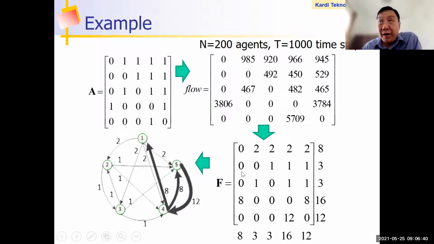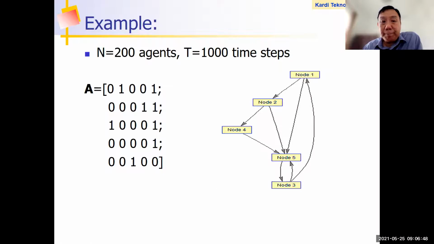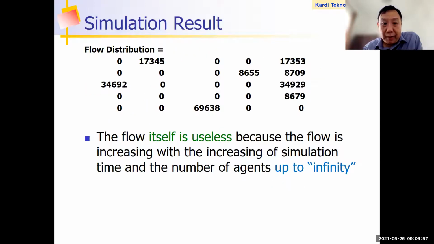So this is where the word ideal comes from, because it will reach the asymptotic value only if it is infinity. So the flow itself is actually useless because the flow is increasing without bound up to infinity.